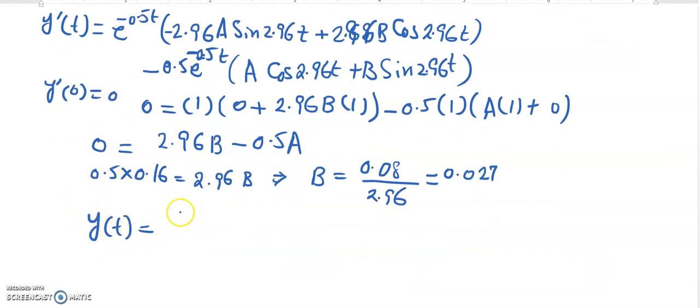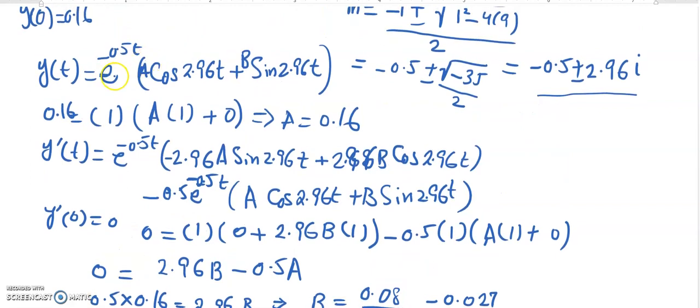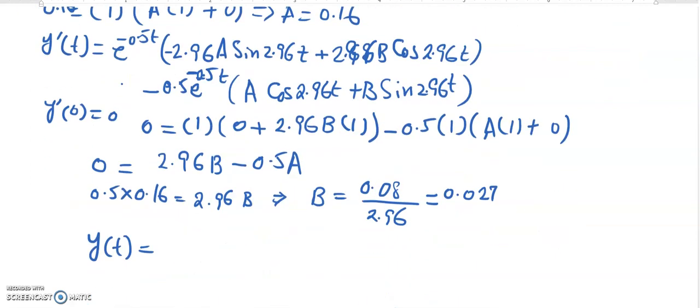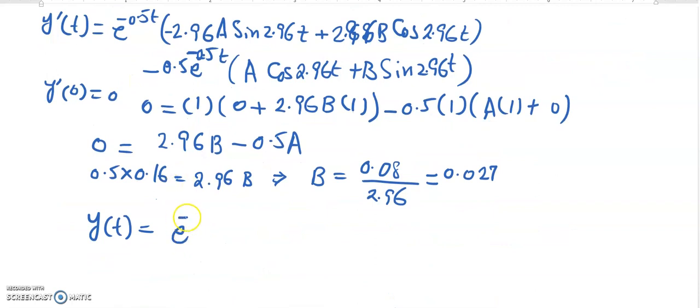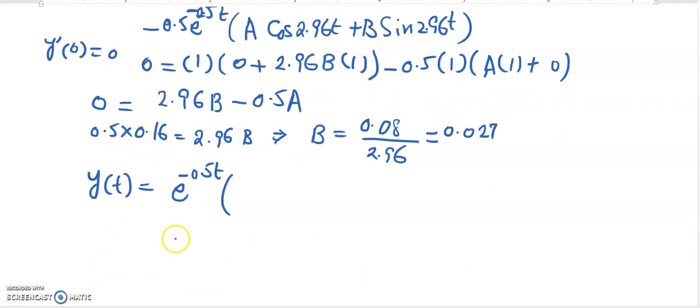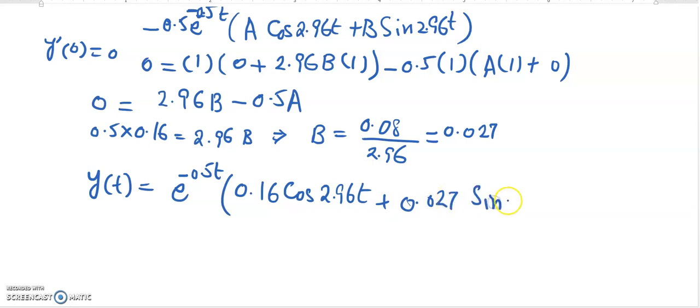So y of t will be equal to e power minus 0.5 t, a is 0.16, so 0.16 cosine of 2.96 t plus 0.027 sine of 2.96 t. So this is the answer.